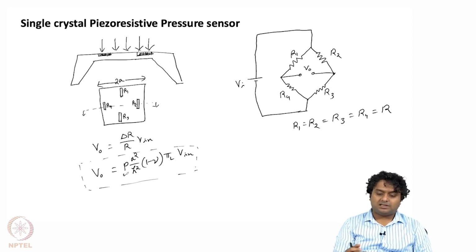Now, if the pressure changes, then V naught also changes, and if V in changes, then V naught also changes, right.